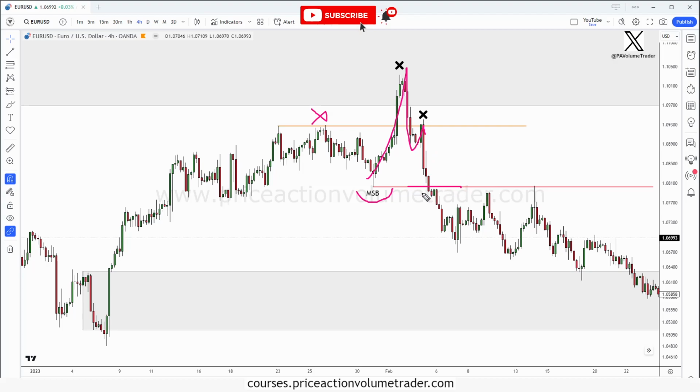So once we come and close back below this level, now I see that structure has shifted to the downside. You can see we broke basically through this whole area of support, was also broken to the downside.